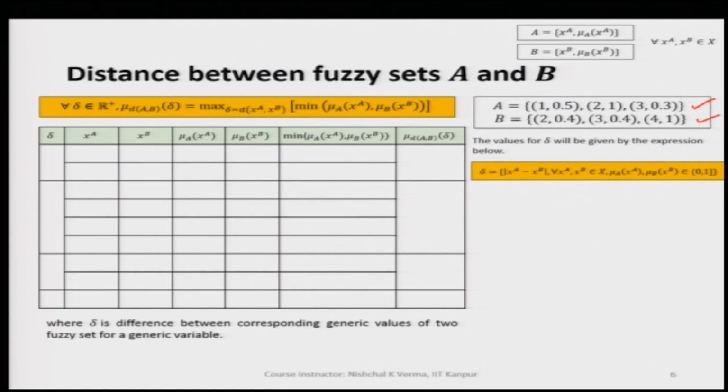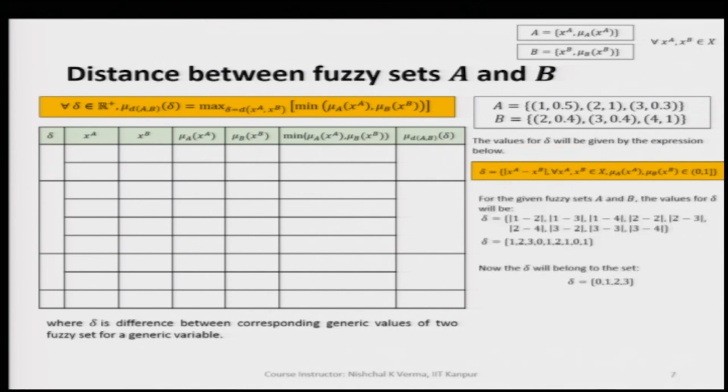And as I mentioned, we can find delta by this expression, and delta is nothing but all possible differences in the generic variable values of the discrete fuzzy sets A and B. So, let us now first find out the delta set.